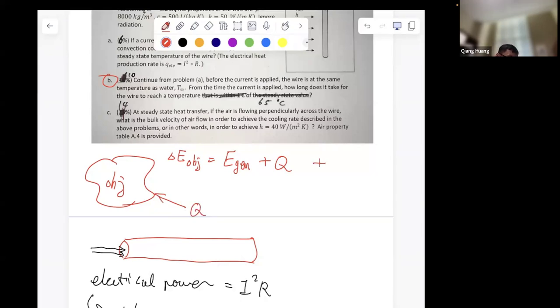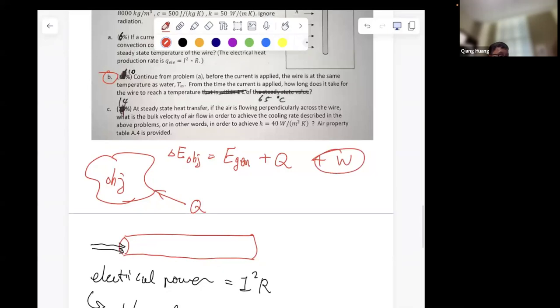And then sometimes you also have the work done on the system. So if you have a compressor, then you will do it. However, for most chemical engineering cases, this work will be ignored because most of the fluids are not compressible.